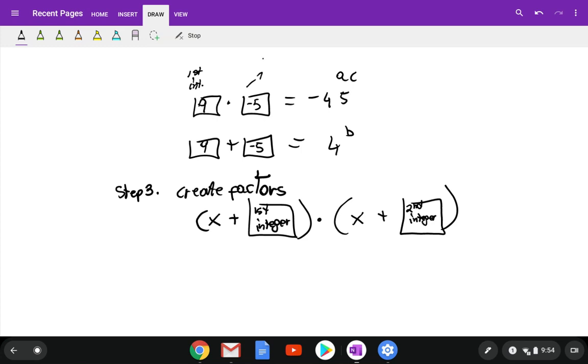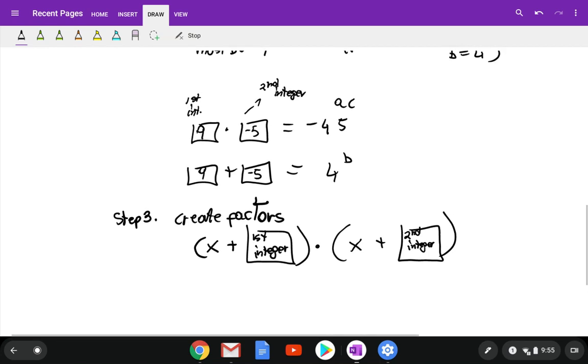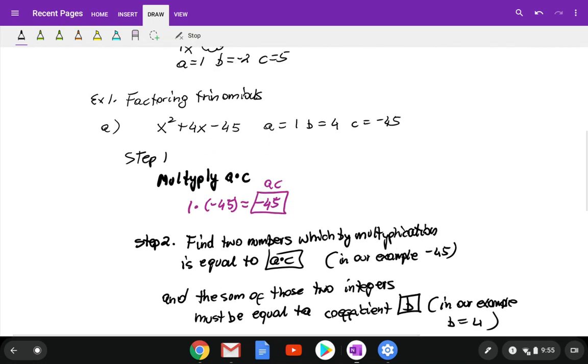Negative 5 is the second integer. When you have x in one parenthesis and x in the other, remember that when you FOIL that, you should end up with your original x squared. So we split x squared into x times x.